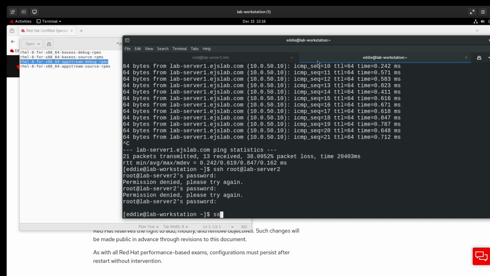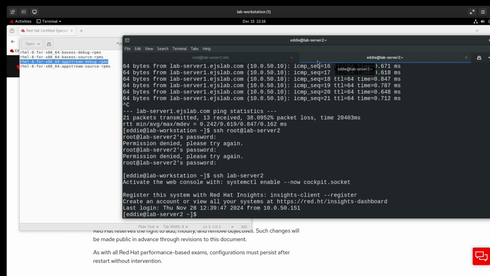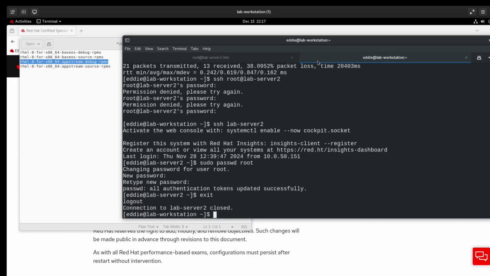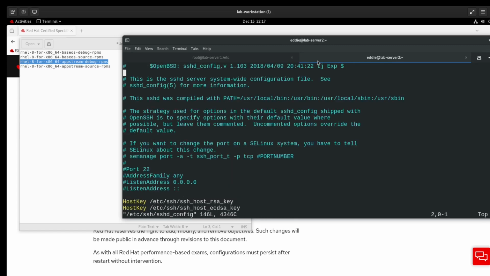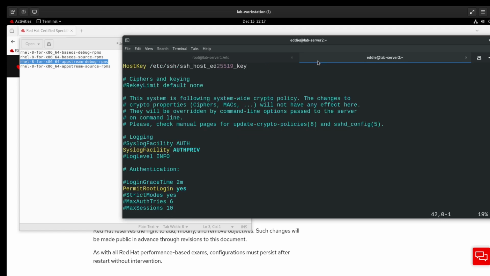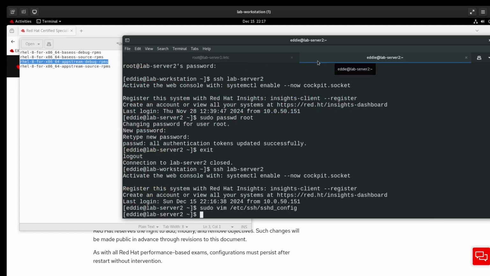So let me set a password for root, and we'll need to do this for the propagate command, or we technically don't have to, but I'm going to for this. So let me sudo passwd root. All right, and actually while I'm there, I probably need to check sshd config, make sure root can log in. Yeah, it can log in. Okay. So that's what I want.